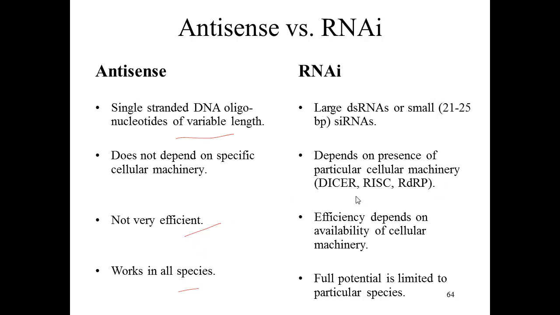RNAi depends on the host organism having dicer and RISC minimally. The efficiency can be fantastic as you have an enzymatic process which can amplify each of the effects of each of the individual initial double-stranded RNAs that are put in, and so it's only certain species in which you can employ this technique.